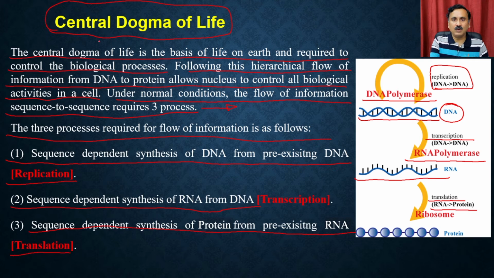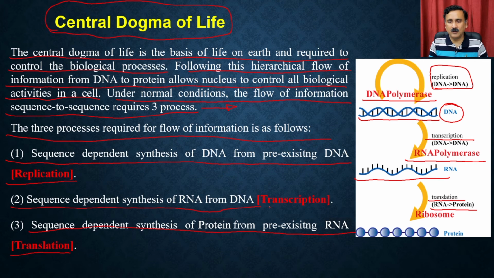So if you want to run the central dogma of life, or if you want to continue all the biological activities within the cell, you have to follow these three events. You have to synthesize the DNA from the pre-existing DNA, and that process is called replication. Then you can have the sequence dependent synthesis of RNA from the DNA.